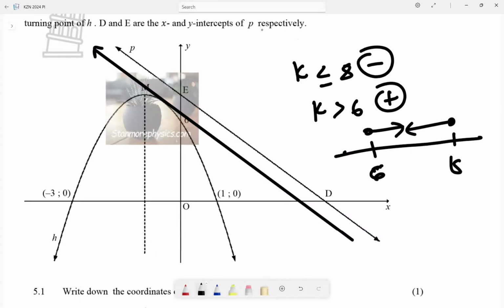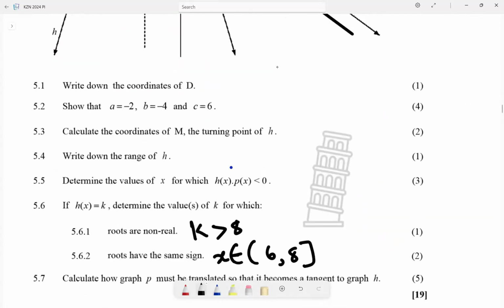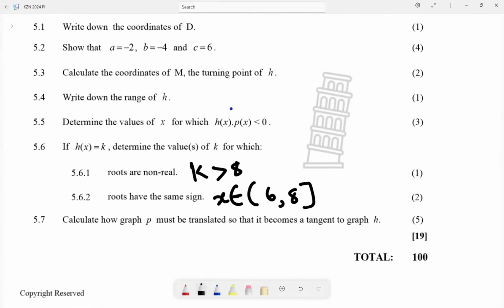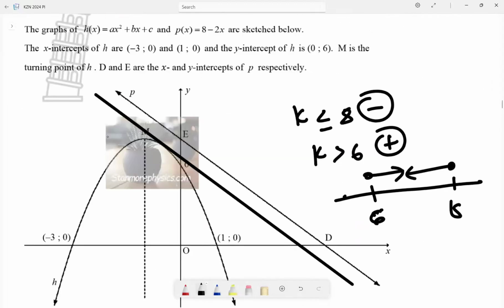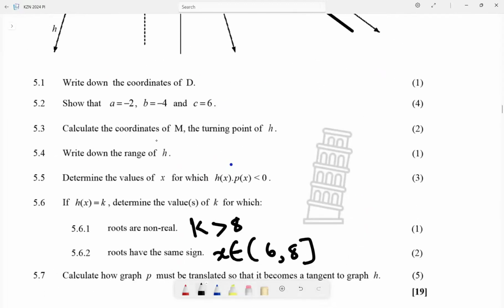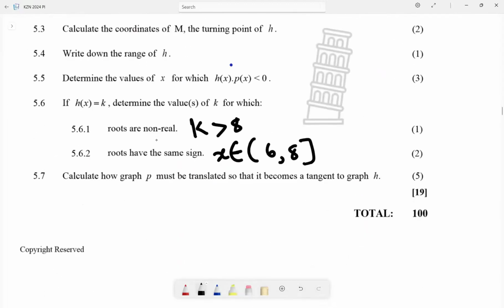But now what we know is that it becomes a tangent when what? The discriminant of this one, or rather the equation of this one and this one are exactly equal. Okay? If they are exactly equal, now it should be translated. Now we'll say instead of 8 minus 2, okay, we want h of x is equal to p of x.